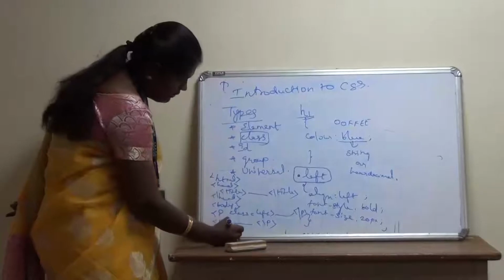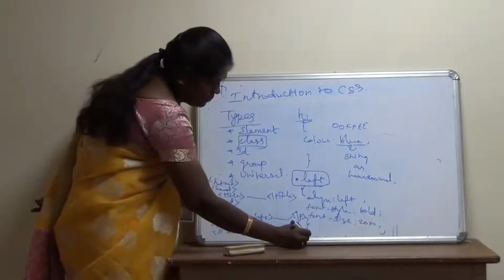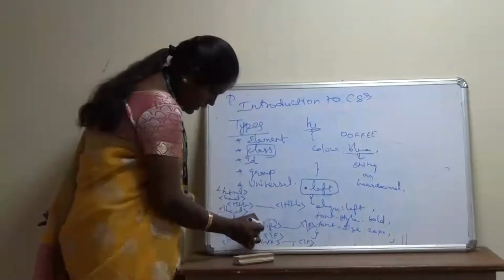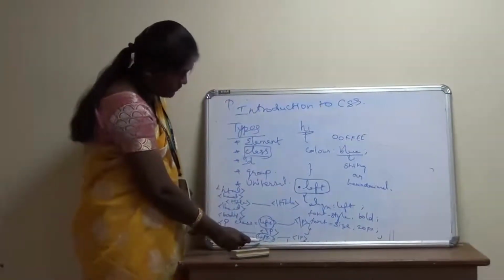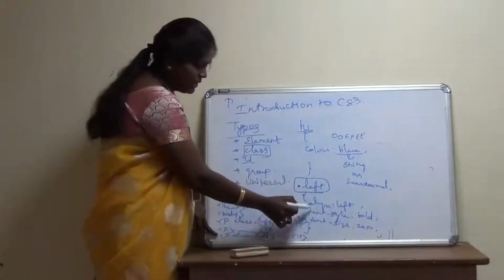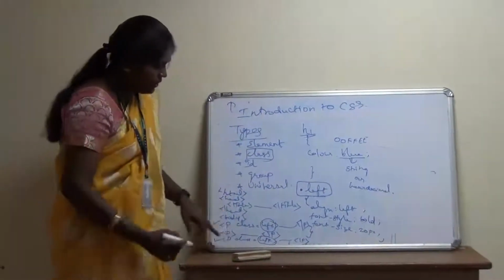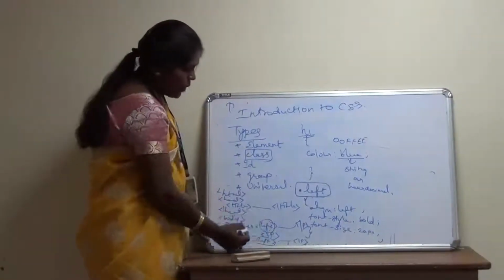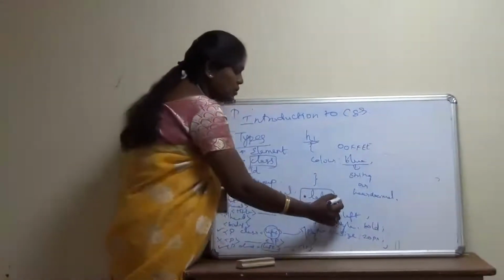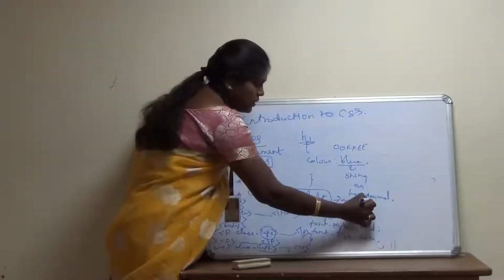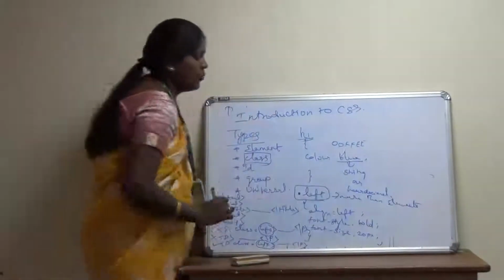In the third I give the class as left, then the content, and close the paragraph. So CSS is going to apply these three styles to the first and third paragraphs, not the second, because we have inserted the class left there. All class selectors are preceded by the dot symbol. A class can be used by more than one element.